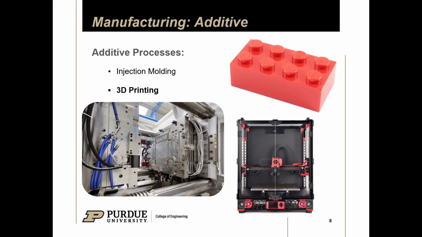But the concept is the same, right? You take a material, you extrude it out, or you form it in some way to make your final product, right? So we're mainly going to be talking about additive manufacturing, specifically 3D printing today.